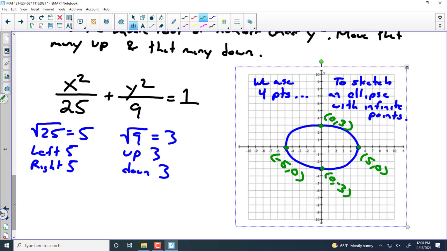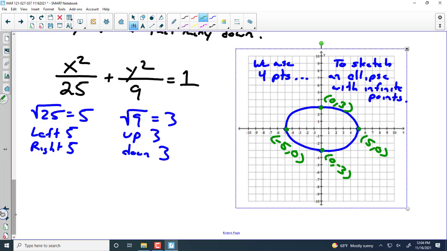And what makes a point be on the graph of the ellipse? The fact that it satisfies the equation. These points all make this equation true. Check it out. Negative 5, 0. I plug negative 5 in for x into the equation. I plug 0 in for y into the equation.